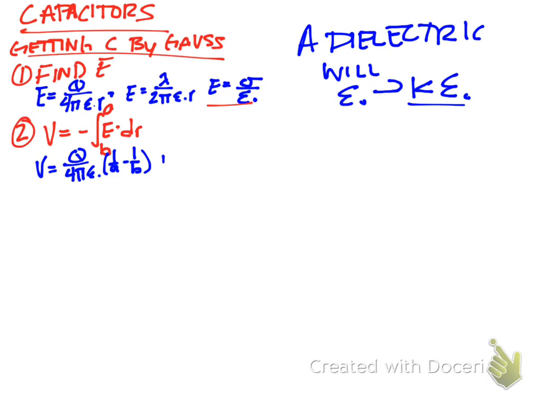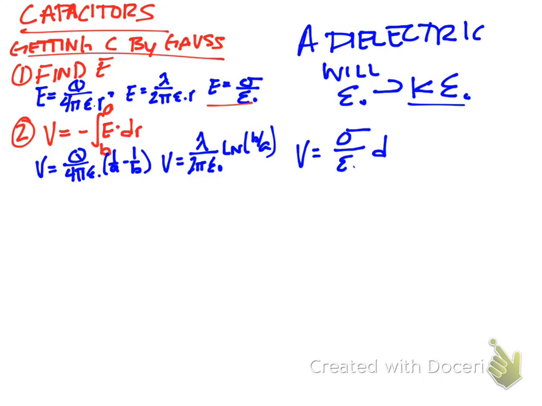For a cylinder, the voltage is lambda over 2 pi epsilon naught times the natural log of b over a. And the voltage for the parallel plate capacitor is sigma over epsilon naught times d.